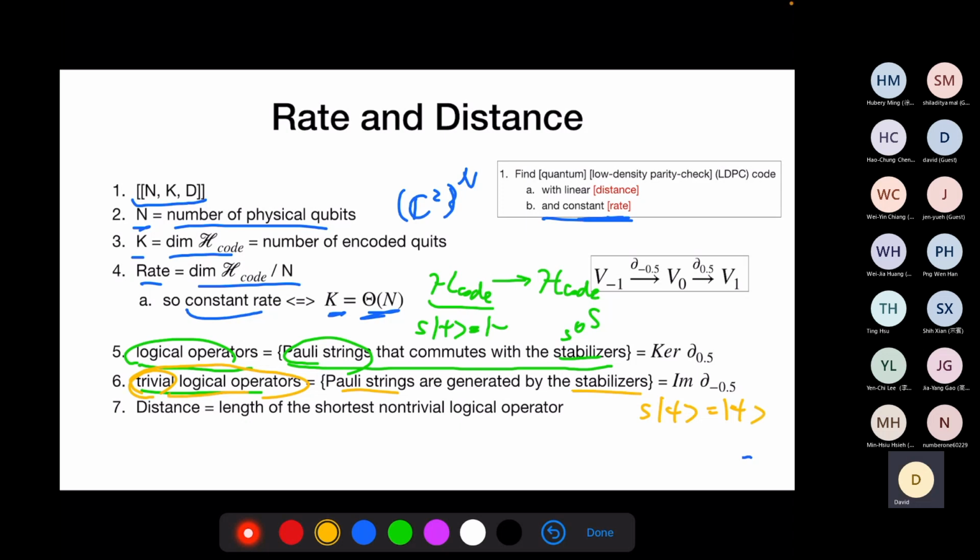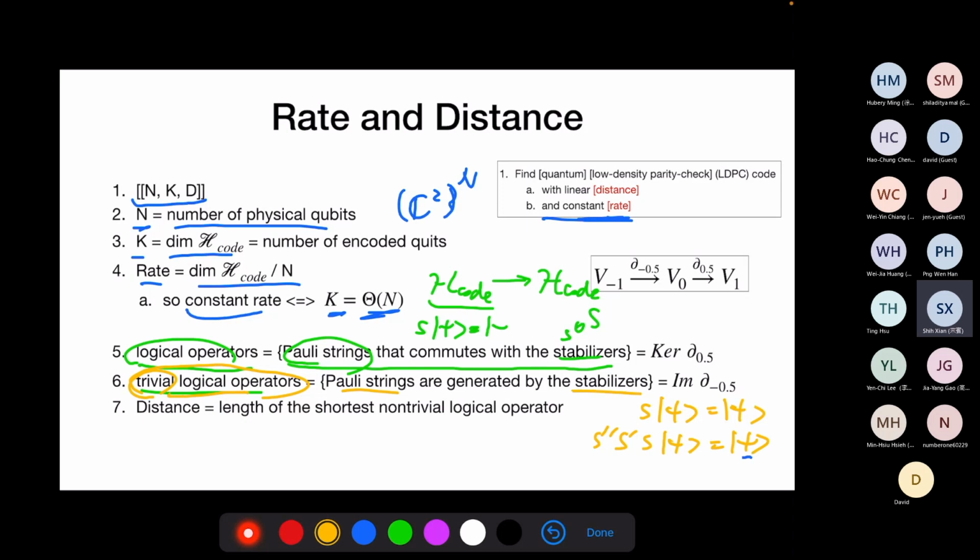And because the trivial logical operators are combinations of these stabilizers, a multiplication of multiple of them, you will see that it still doesn't do anything to your code word. So it's the identity.